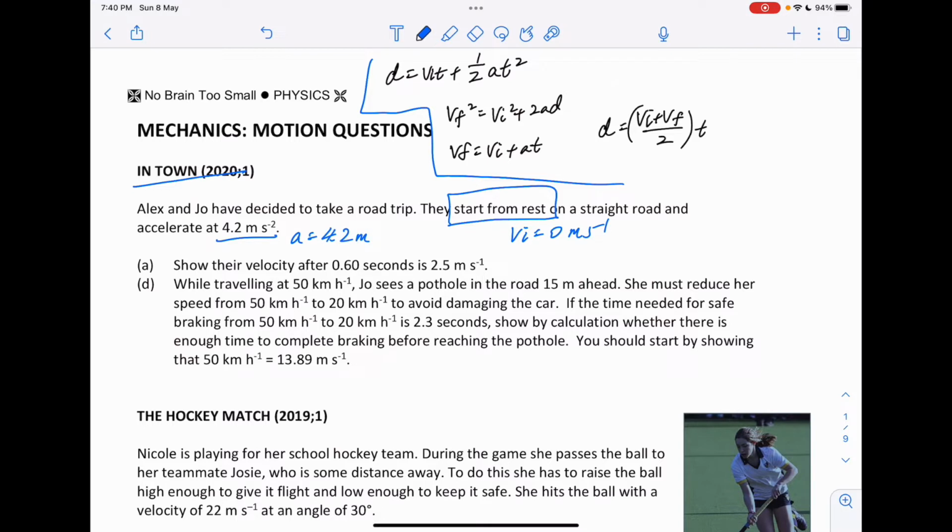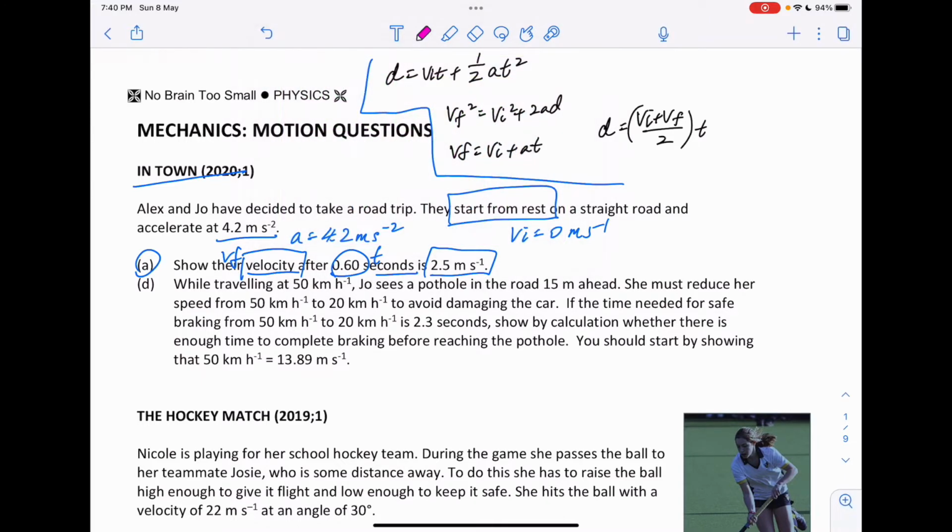Part A: show their velocity after 0.6 seconds is 2.5 meters per second. So in A, they've given us the time, this is the t, which means we're looking for VF, right?